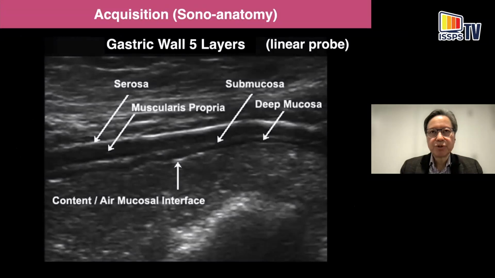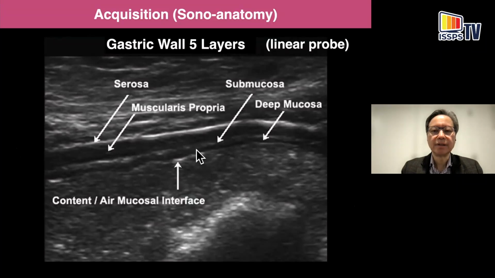If you use a linear probe to scan, particularly when the antrum is very close to the skin, you can see the five layers of the gastric wall. The innermost is the air-mucosal interface with the content.